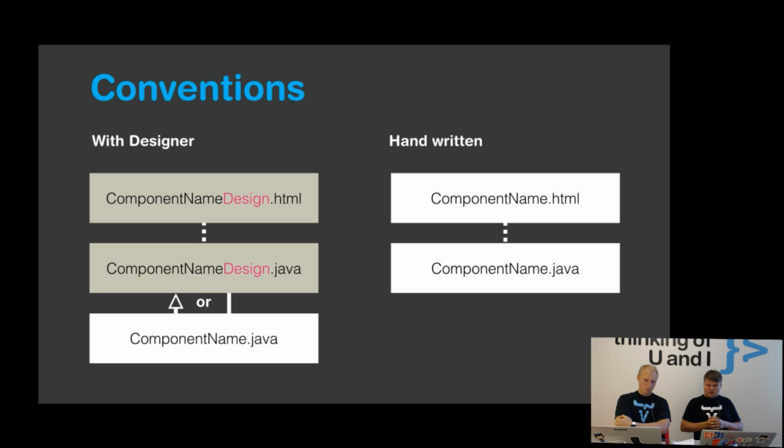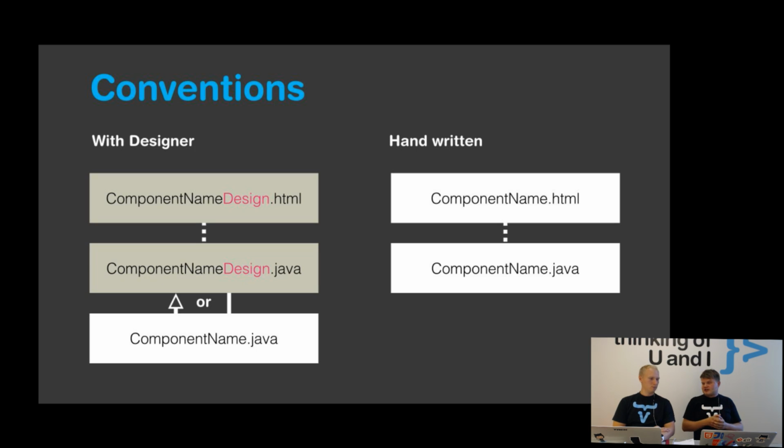Also, one thing to note is that while on the designer side it looks like there is one more class or more complexity over there, most of the complexity is in these auto-generated files. So this component name.java would end up being really, really thin. Only things that you write by hand, only things that are not auto-generated, end up over there.